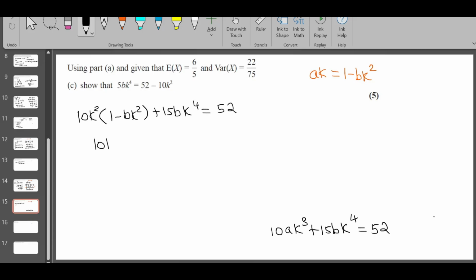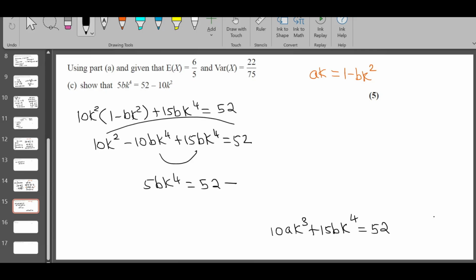Open the bracket: 10k square minus 10bk power 4 plus 15bk power 4 is 52. So 15 minus 10 is 5bk power 4 is 52 minus, bring this term here, we got the answer already. That's what they want us to prove. It's another 5-mark question.